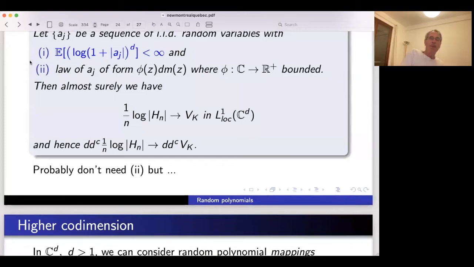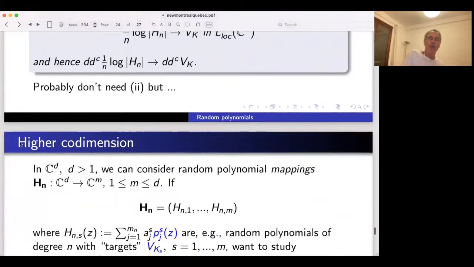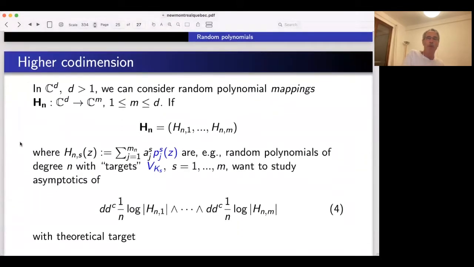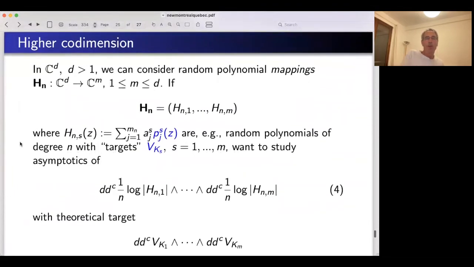The reason this strong condition was put here was we were actually considering, and I think in my title I even had, random polynomial mappings as part of the abstract. We wanted to consider what you call the higher codimension case. That is, instead of considering just a random polynomial, you can consider an m-tuple of random polynomials and their common zero set.